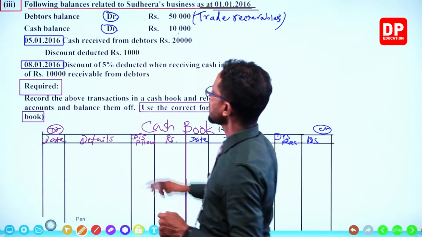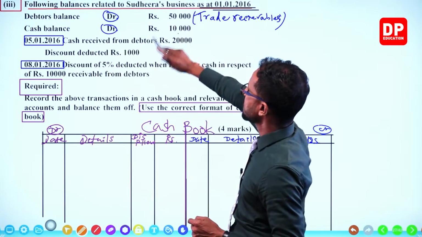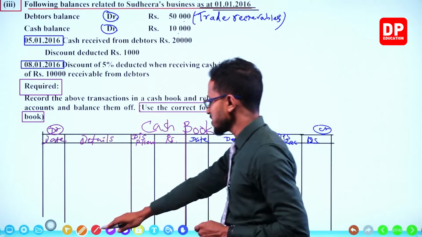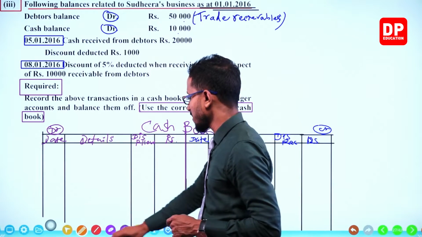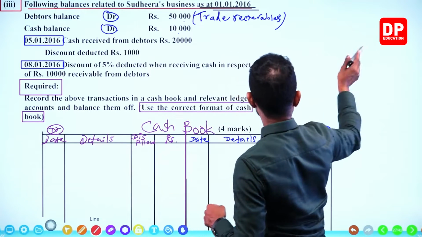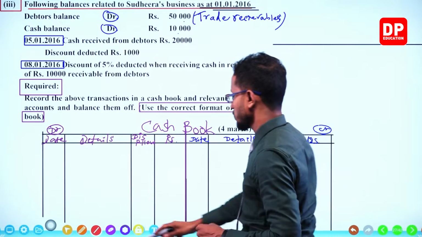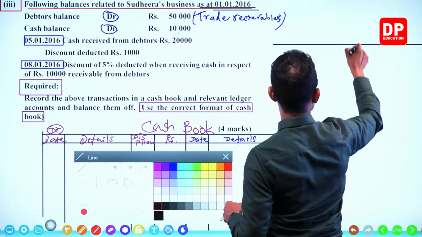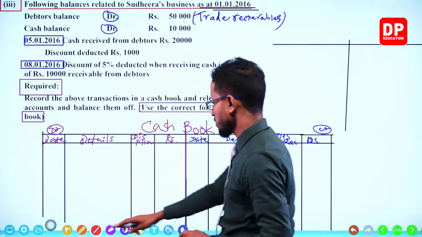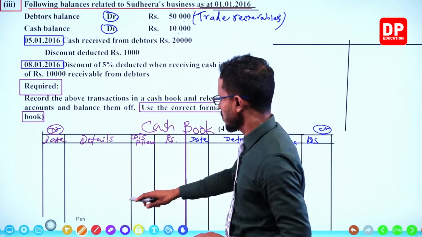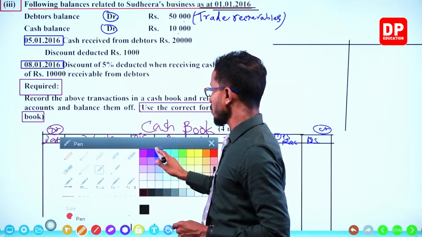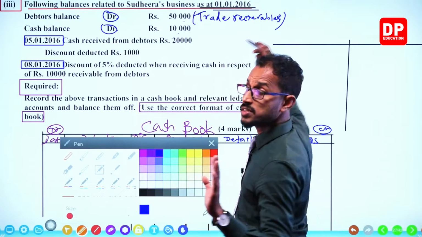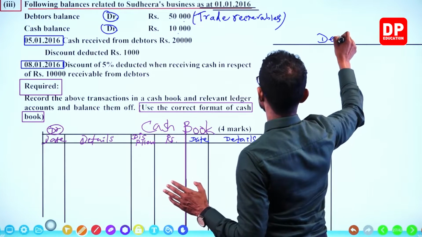Debtors balance is given, debit 50,000. That means for debtors, we must draw one separate account. This is the debtors account. I'm not going to draw the columns, children. You must draw the columns in the T accounts, in the ledger accounts.